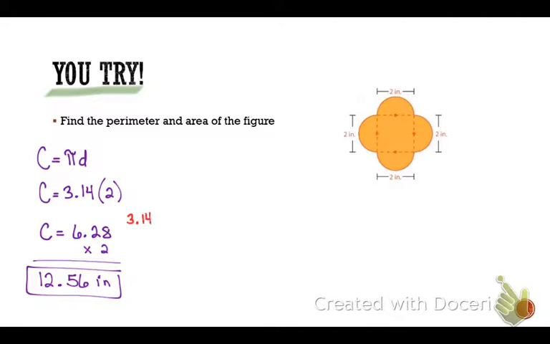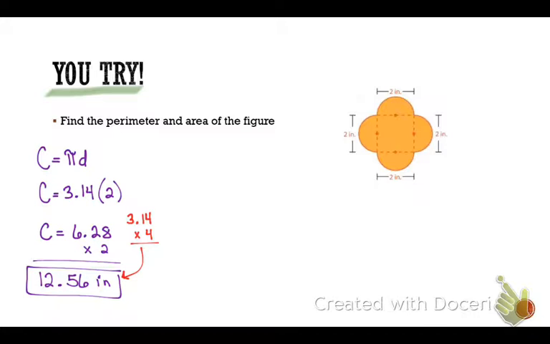How many semicircles are there? 4. Multiply it by 4. And guess what you get? 12.56. So what I'm telling you is that 4 semicircles is the same thing as 2 circles. So I said this is 1 circle, so if I multiply it by 2, that gives me the 2 circles.